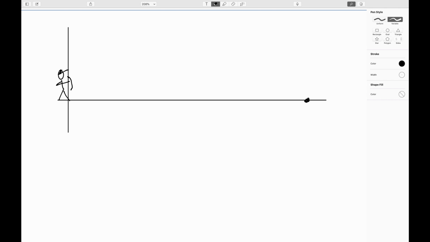So, to make life a little easier, we'll ignore the fact that the arrow is going to be launched about a meter above the ground, and we'll just say that the initial position of the arrow is on the ground.